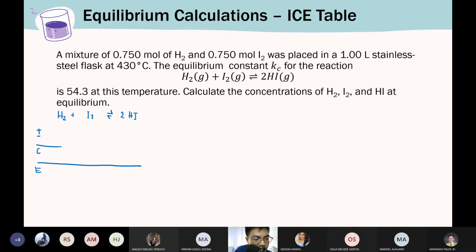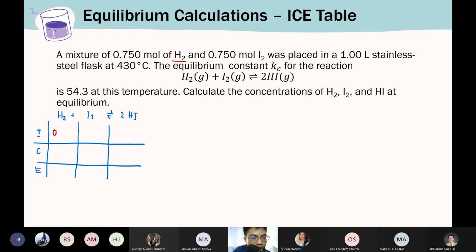Actually, may nakalimutan ako sabihin kanina, pero bibigay ko na lang siya. See? Okay. So the initial concentration of H2 is what?